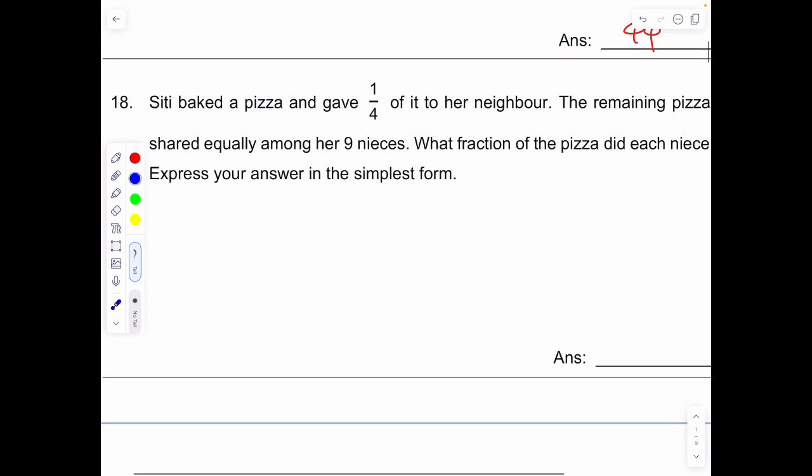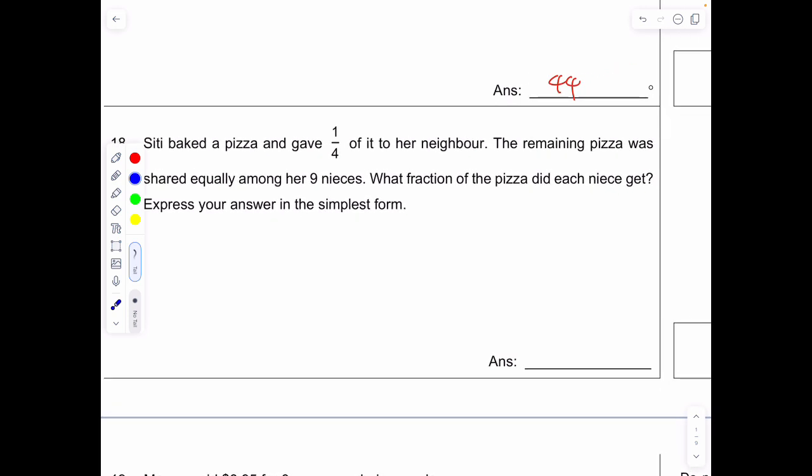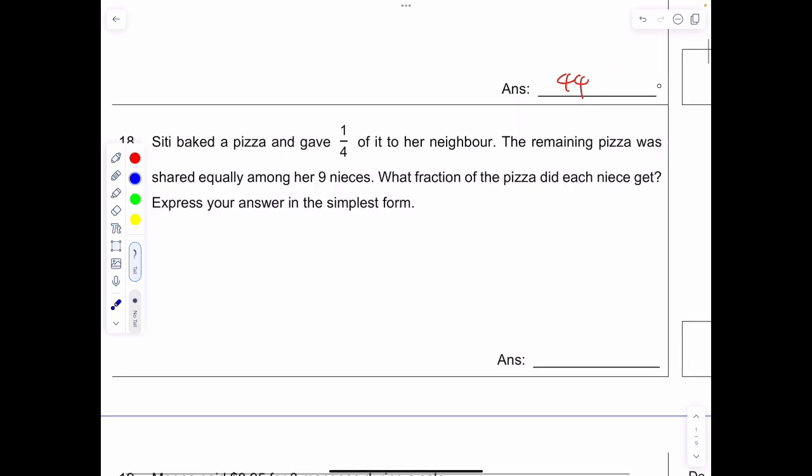Okay, Siti baked a pizza and gave 1/4 of it to her neighbor. The remaining pizza was shared equally among her 9 nieces. What fraction of the pizza did each niece get? So the first thing you want to do is, of course, to know how much of the pizza was left. So 1 minus 1/4 is actually 3/4. Now, she needs to split it equally amongst her 9 nieces.